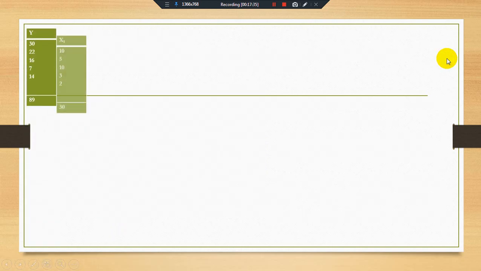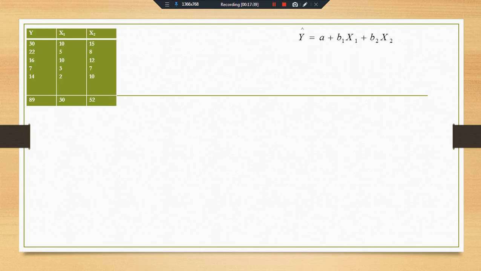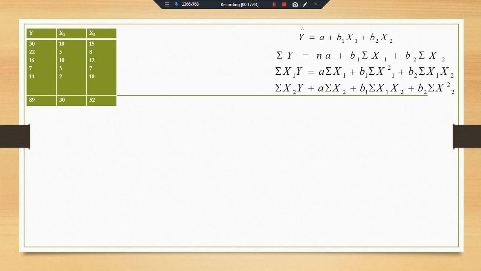Here we have the x variables, the y variable, x1 and x2, and we have estimated y. Here we have three normal equations, and for solving them we must have summation y, summation x1 y, and summation x2 y, but we have summation x1 and summation x2 here.